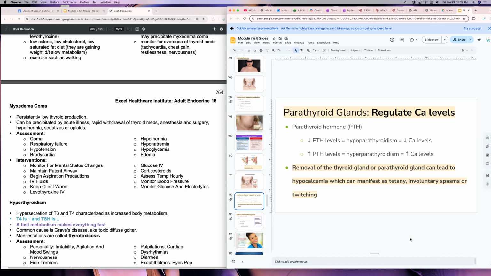And that was module 2 if you need to review that in your study guide. So removal of the thyroid gland or parathyroid gland can lead to hypocalcemia, which can manifest as tetany. Okay, so for parathyroid disorders, just know that it affects the calcium levels, and that's also in your study guide.